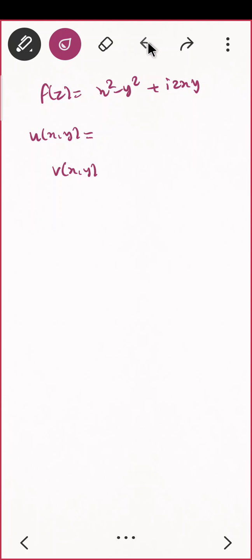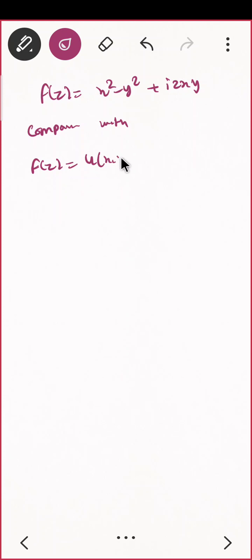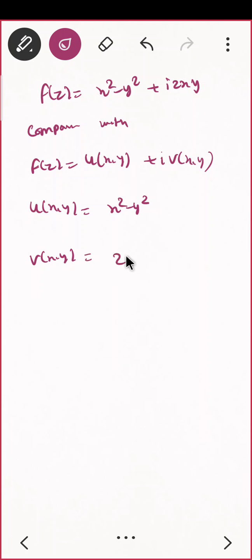Let us write the standard thing. Comparing with f of z is equal to u of x comma y plus i times v of x comma y, you are having u of xy is equal to x square minus y square, and v of xy is equal to 2xy. Correct?